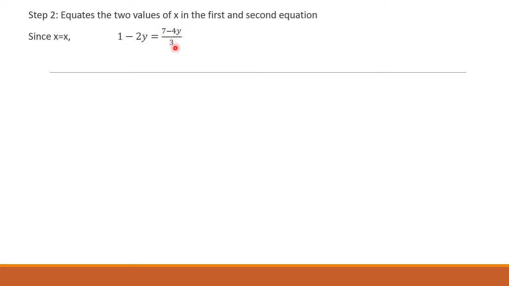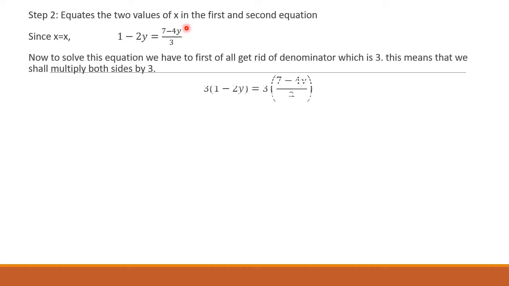So let us systematically approach this problem. The first thing that we have to deal with is this denominator here, and for this denominator to go away, we have to multiply both sides by 3. If we multiply this side by 3, this 3 will cancel with the other 3 that we will introduce. So if they cancel, then you will remain with 7 minus 4y, and this 3 into bracket 1 minus 2y.